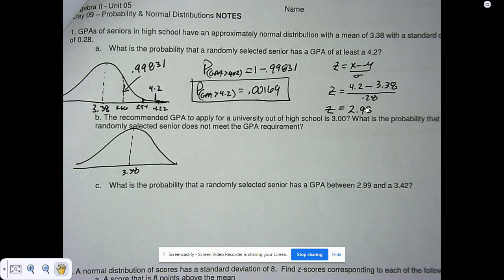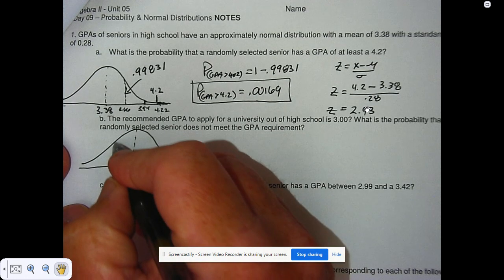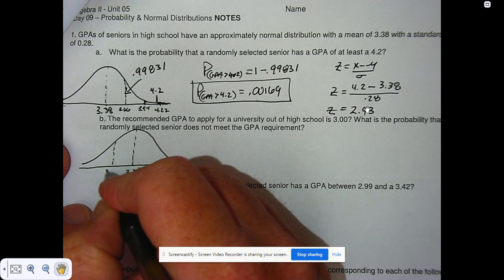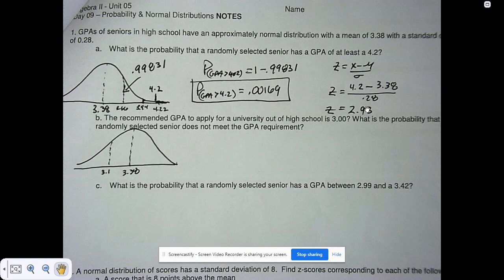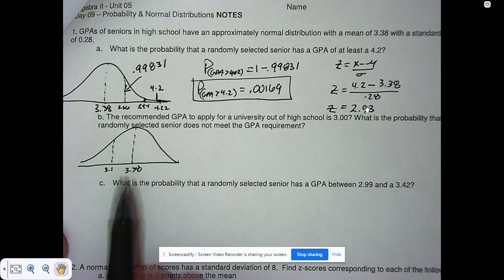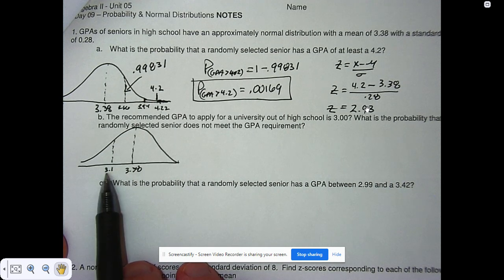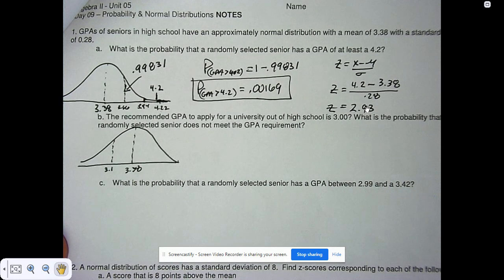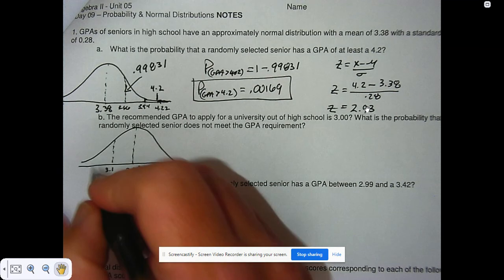We have a standard deviation. First standard deviation would be at 3.1. That's the 3.38 minus the standard deviation of 0.28. 3.38 minus 0.28 is 3.1. Minus another 0.28 would be 2.82.